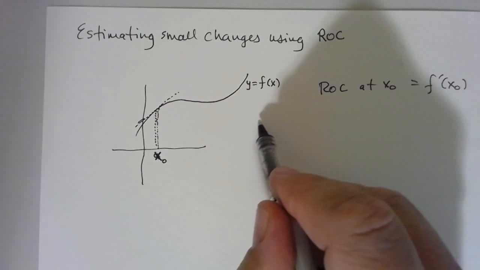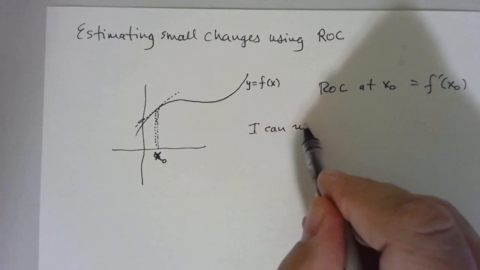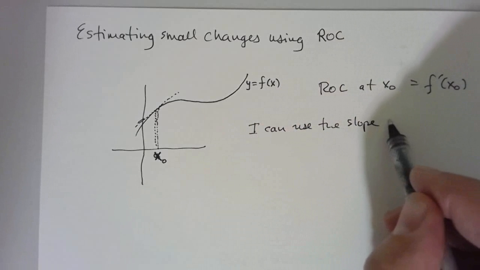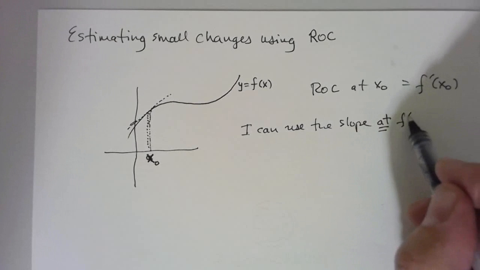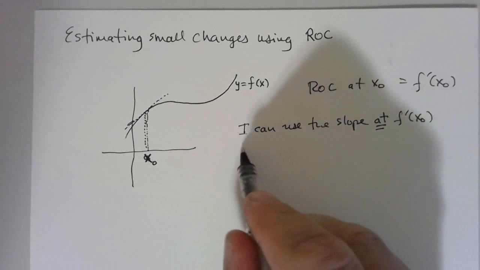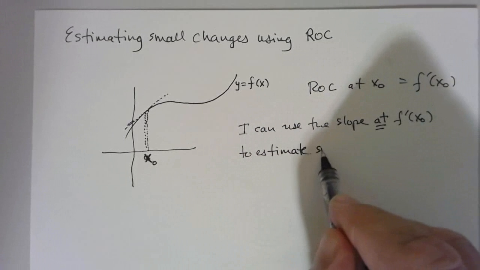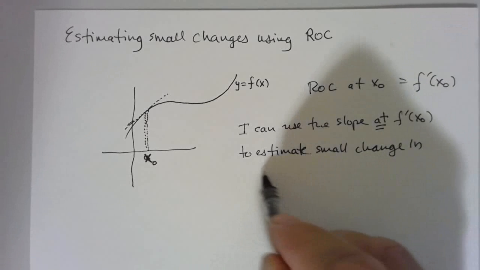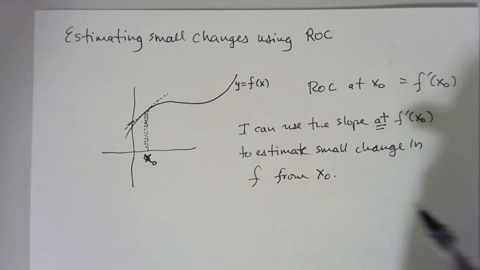And so I can use the slope at f prime of x naught to estimate small changes in f from x sub 0.